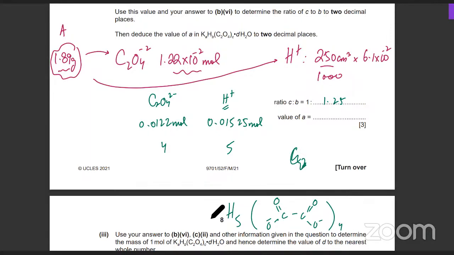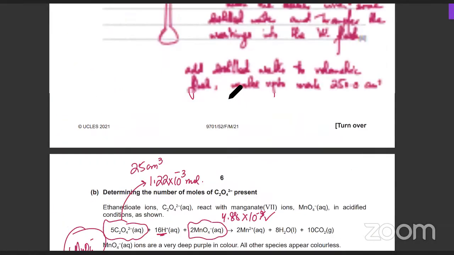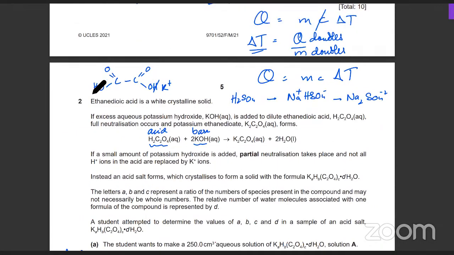See, where is the H plus 1 coming from? This H plus 1 in the formula is all coming from the ethane dioic acid, right? Because if you go back and look at the question initially, there was this ethane dioic acid and that got neutralized by KOH partially.